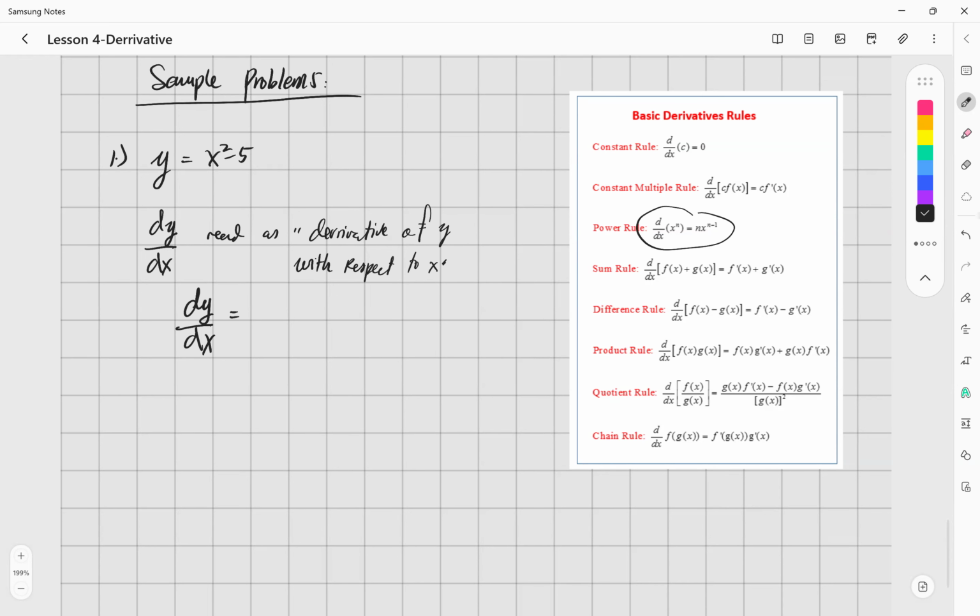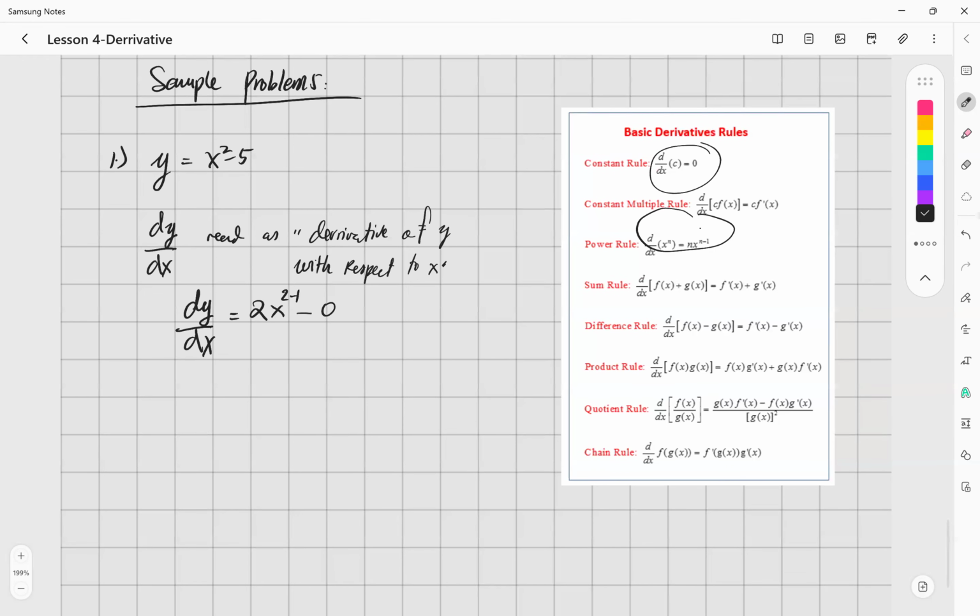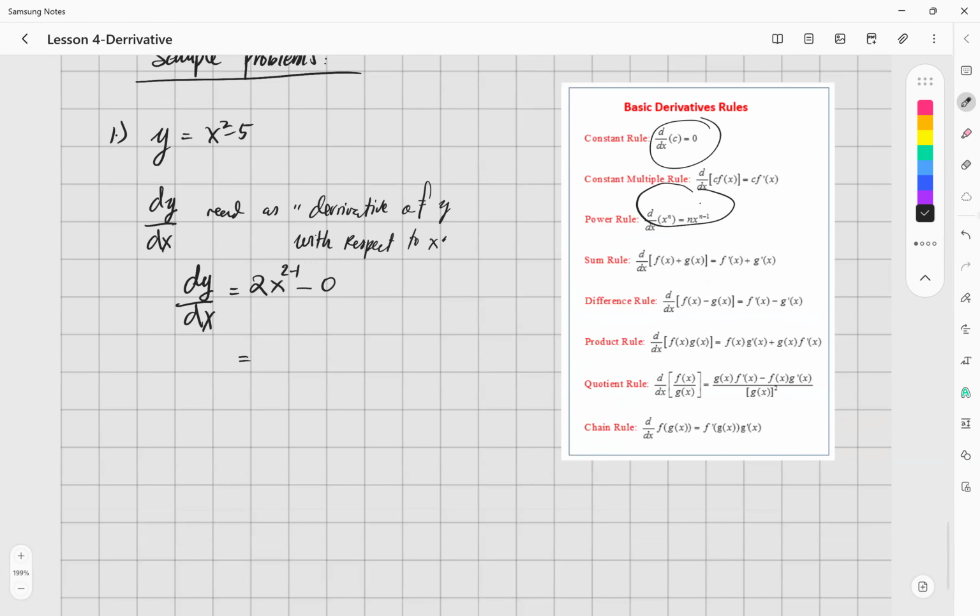Bring down the 2, so we have 2x, and the exponent becomes 2 minus 1, which is x to the 1. The second term is a constant, and the derivative of a constant is simply 0. So the derivative of that function is simply 2x.